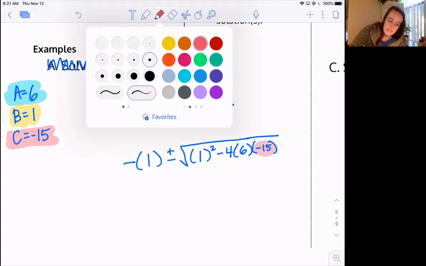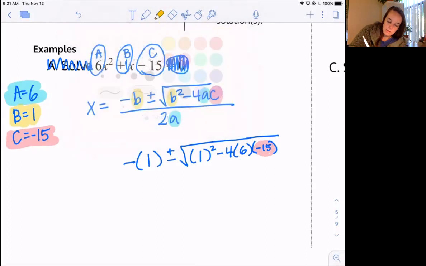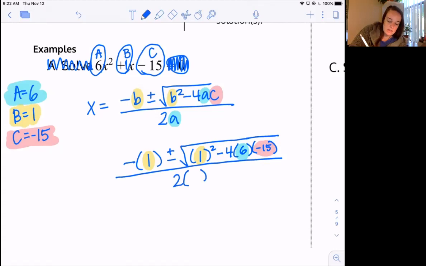So here's my C. Here were the two B's. And here is A. And then it's all being divided by 2 times A, which is 6. Take a moment to make sure you got that all written down.